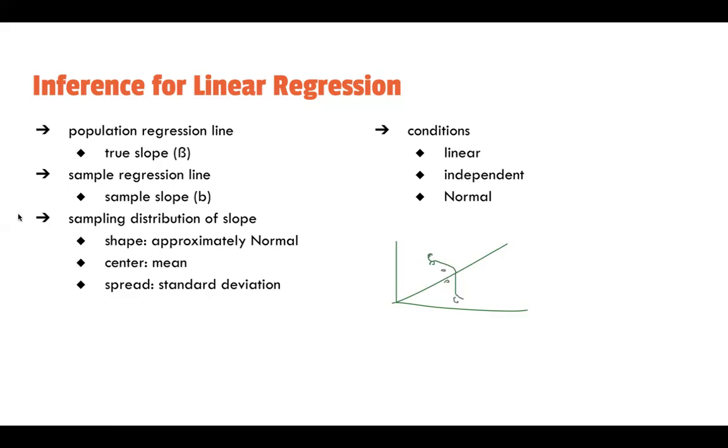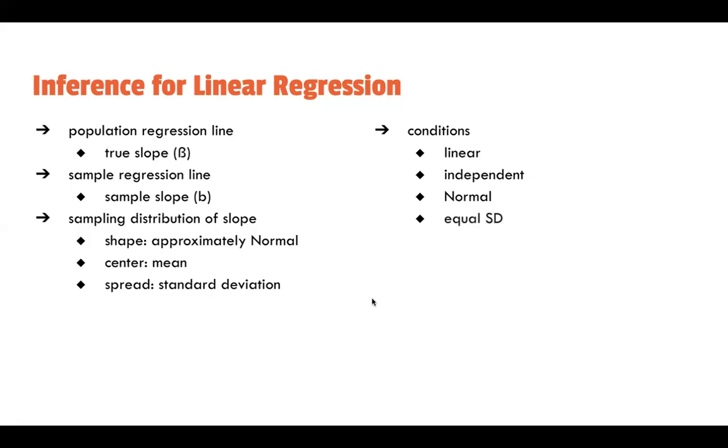It's a bit hard to draw, of course, but what you can use to determine this is a normal probability plot of the residuals. And usually the question will give it to you. If they want you to check the conditions, they'll give you all of this. You can also use a histogram of the residuals, and if that's roughly normal, if it's unimodal and symmetrical, then this condition is also met.